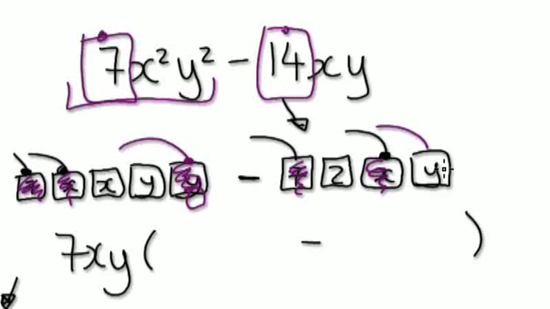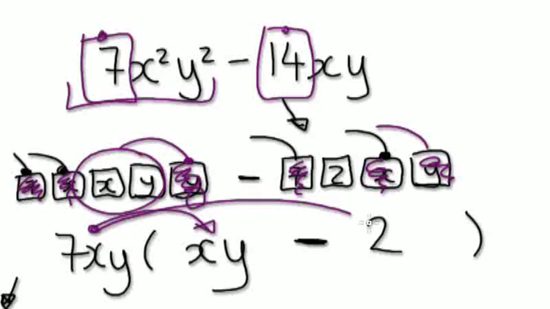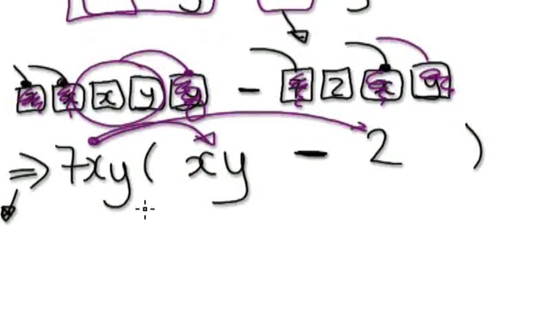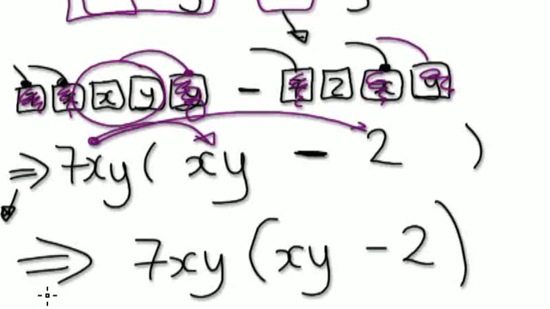So what's left is just xy. And remember, you've got to stick the minus in here because this is a minus, so minus 2 here. When you factorize it, it becomes 7xy bracket xy minus 2. Okay, then it's done.